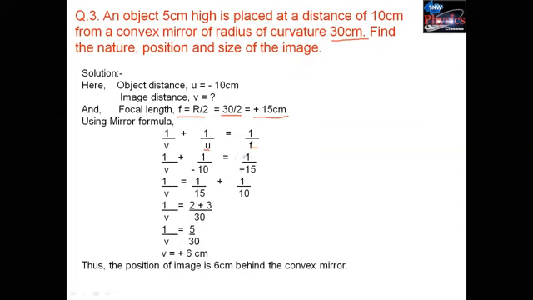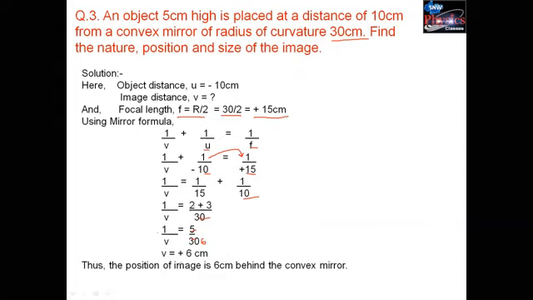Here u is -10, f is +15. We take this u to the other side of the equals sign, then it becomes +10. By taking the LCM of 15 and 10 we get 30, and we add 2 plus 3, that is 5. So 1/v = 5/30, which means v = +6 centimeter.